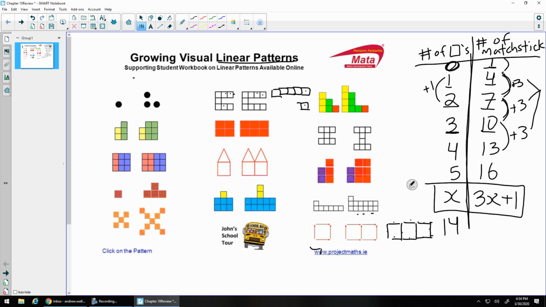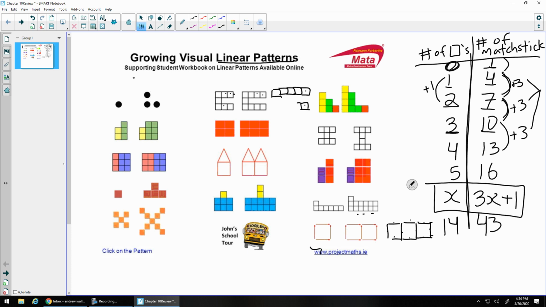Well, now we can use this. 14 times 3. You can do this a bunch of different ways. If you're doing it in your head, 3 times 10 is 30, and 3 times 4 is 12, so that's 42. And then you're adding 1 more, so you're going to need 43 matchsticks to make 14 squares.